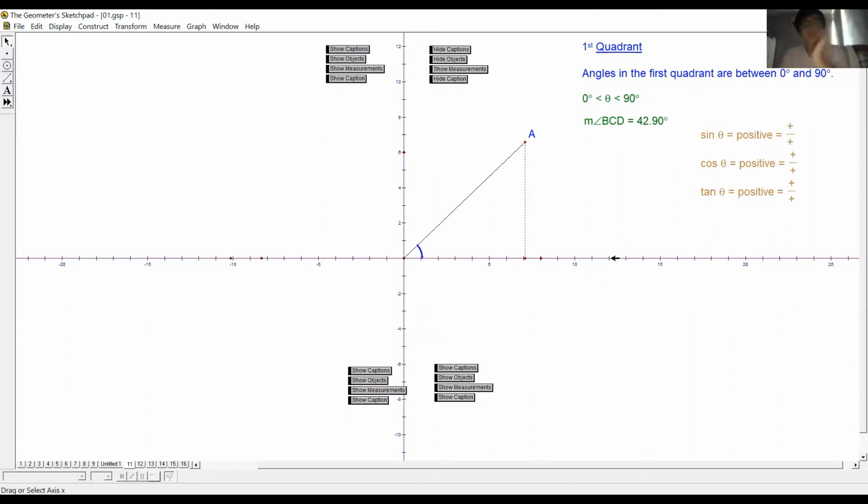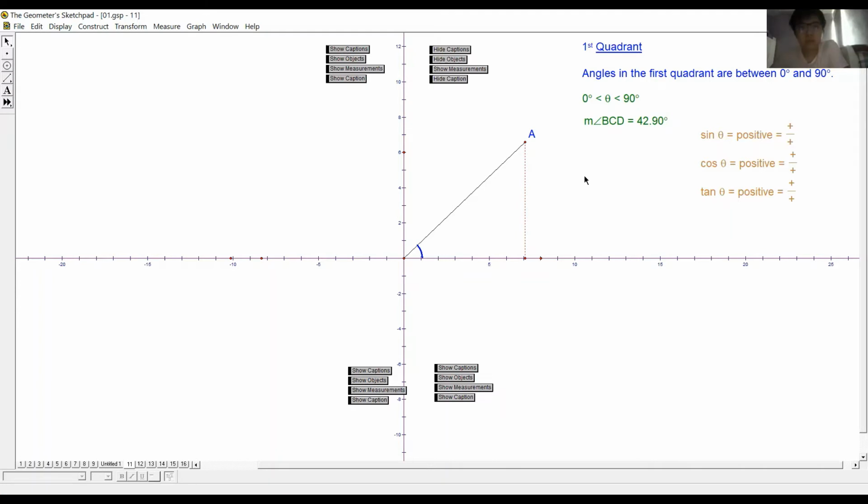This line is 0 degrees and this line here is 90 degrees. Our angle is represented by this line OA. It is the angle between the x-axis and this black line here. So this angle is between 0 and 90 degrees.